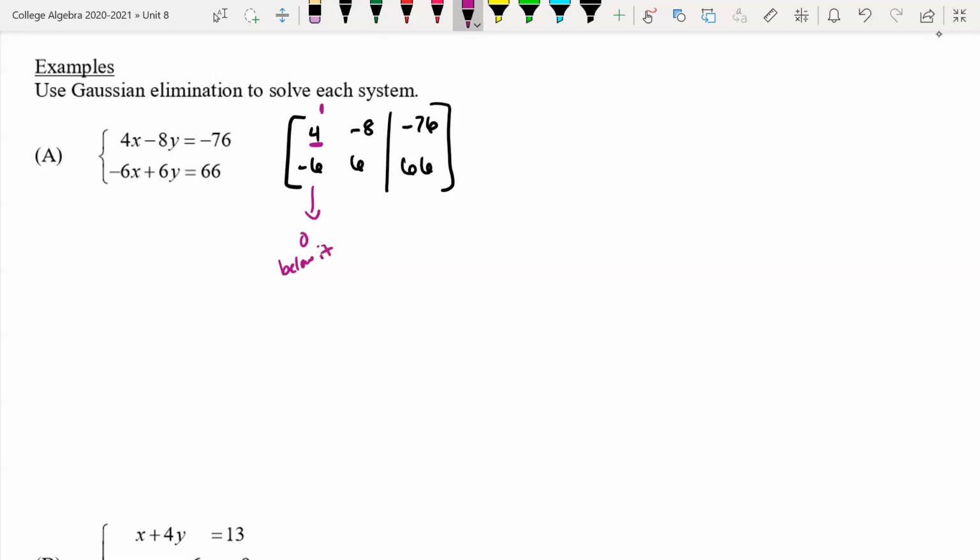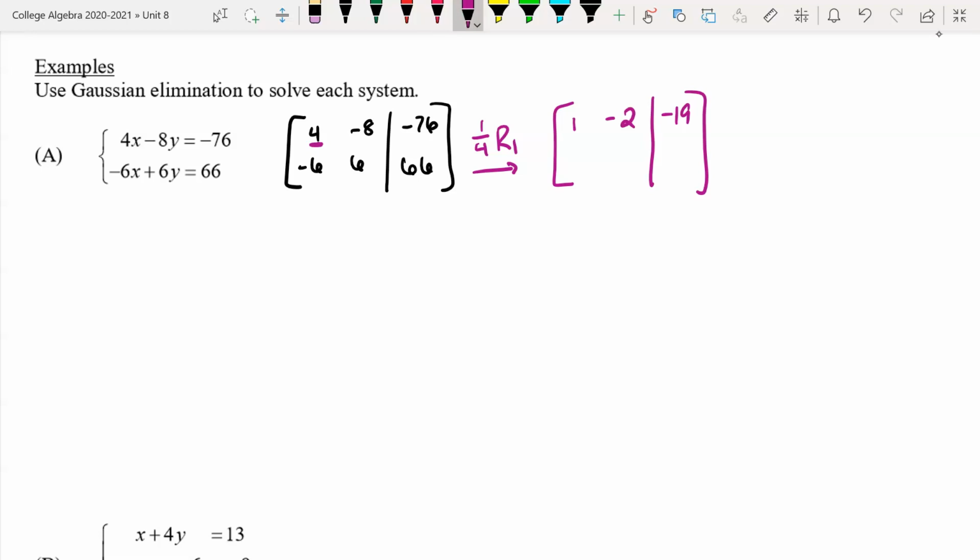So the first thing that I'm going to do is I'm going to take row 1. I'm going to divide it by 4. So I'm going to take 1/4 times row 1. So what that does is that gives me 1, negative 2, and negative 19.